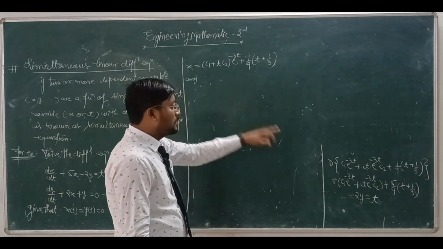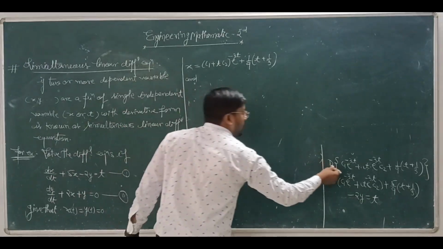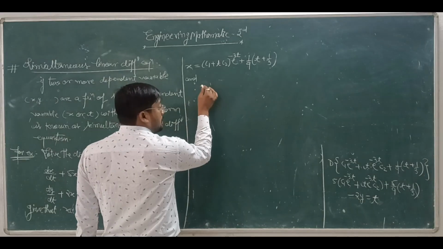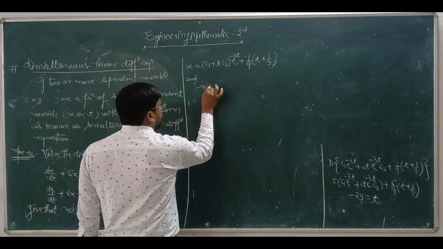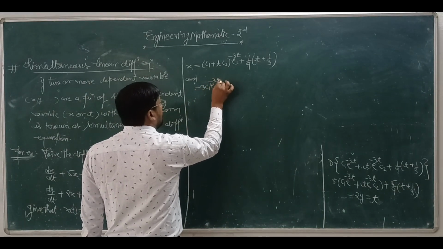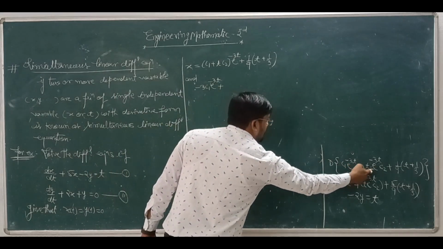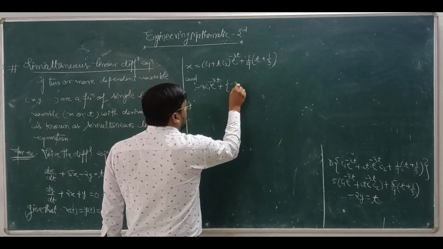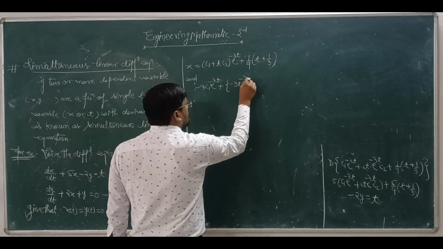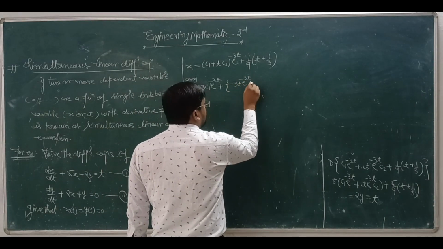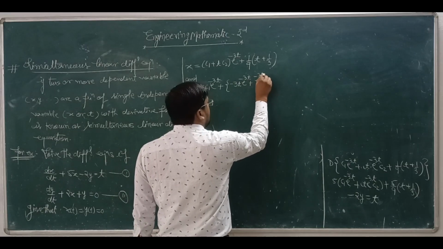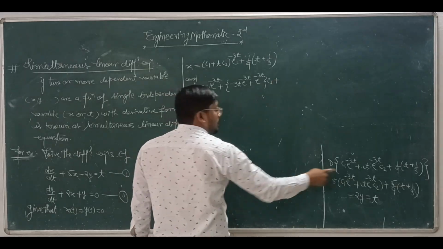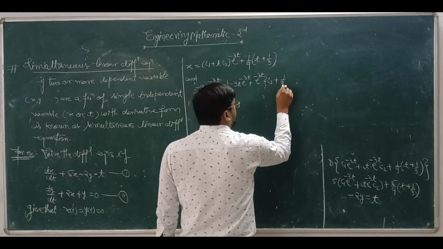This is the value of x. Now find the value of y. First of all, you can differentiate this function with respect to t. Now you can write minus 3c1 e to the power minus 3t plus, this is a first and second, u into v, you can write minus 3t e to the power minus 3t plus e to the power minus 3t c2 plus, you can differentiate of this value, you can write 1 by 9.